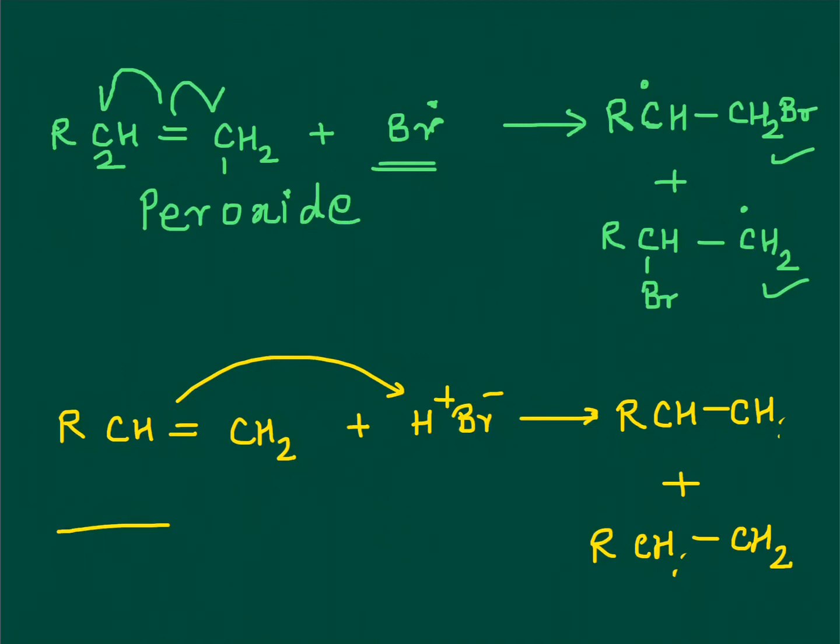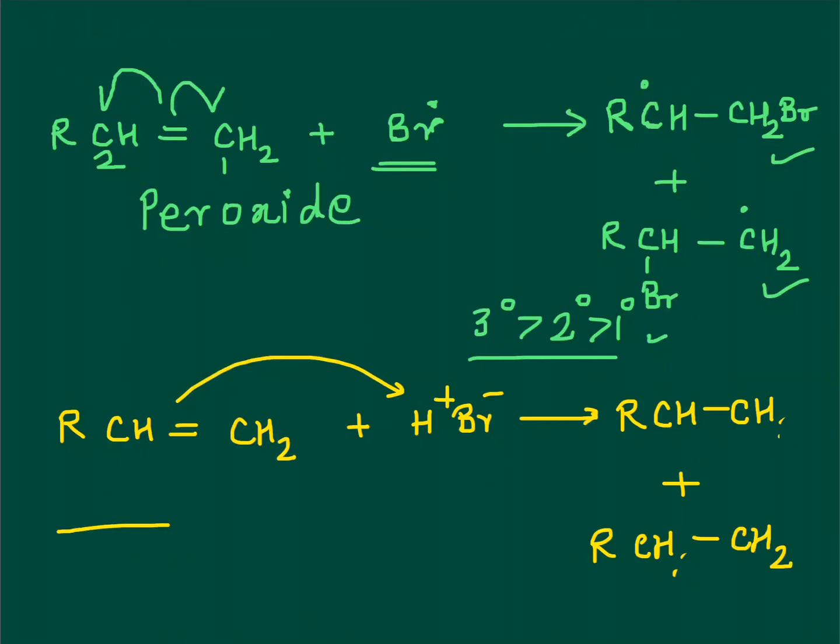Now again you compare the stability of free radicals. Do you remember the stability order of free radicals? 3 degree, 2 degree, 1 degree, right? Tertiary, secondary, primary. I have covered all of these under the topic of basics of organic chemistry. In case there is any doubt, you can visit the video on the channel.